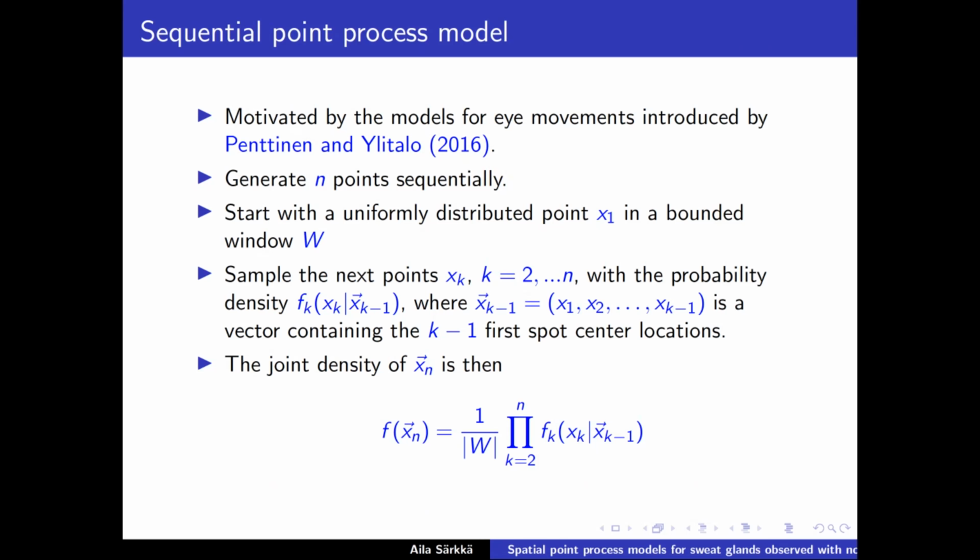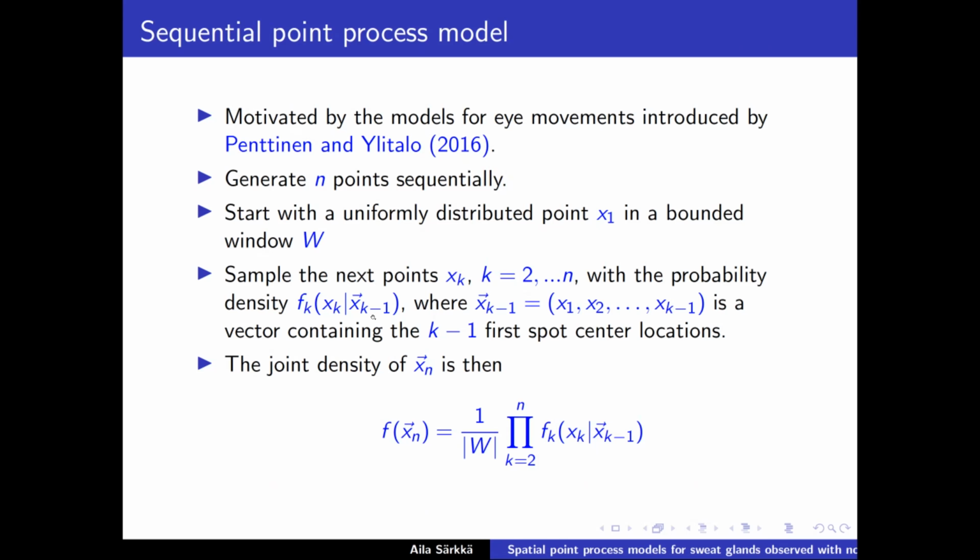So we generate that many points sequentially. So we start by putting the first gland uniformly in the area. And then the next gland locations, we pick with the probability density given everything that is already there. So if we are putting the next gland position, we are suggesting xk, some coordinate or location, then we do it conditionally on everything else.